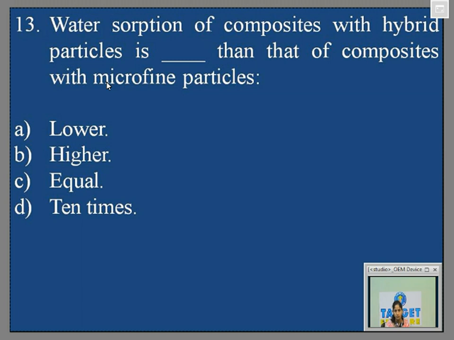So it is lower. See, in the book, in Skinner Phillips, you have a very big table. But for you to know, you just have to know three things. What is the filler content of the three major groups? The filler content of microfilled, the filler content of macrofilled or traditional, and the filler content of hybrid.